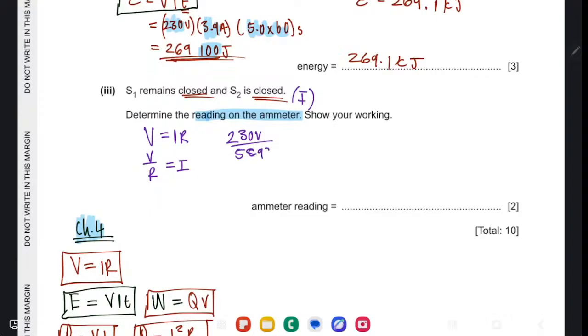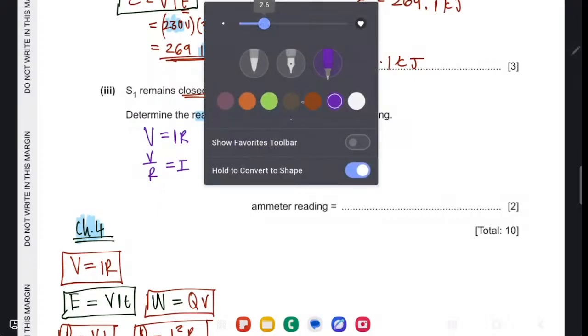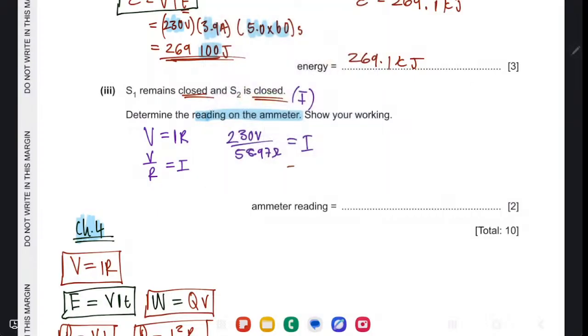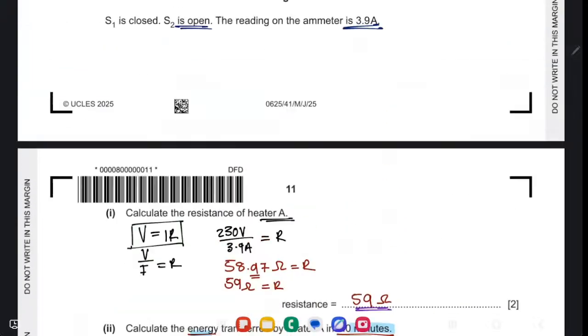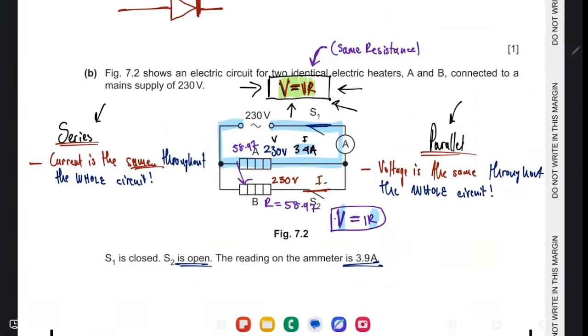What is the I now? Students, what is the I? If we can say I2, this is I1.